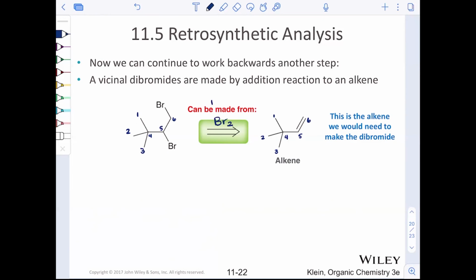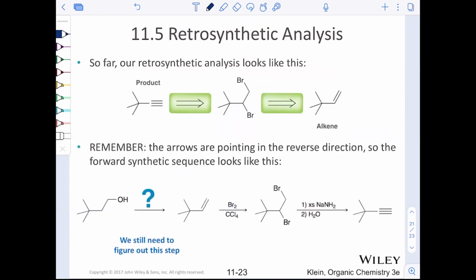Remember, retro arrows say that the vicinal dihalide can be made from Br2 with an alkene. So there's our second step backwards. This one's the last. This is second to last.